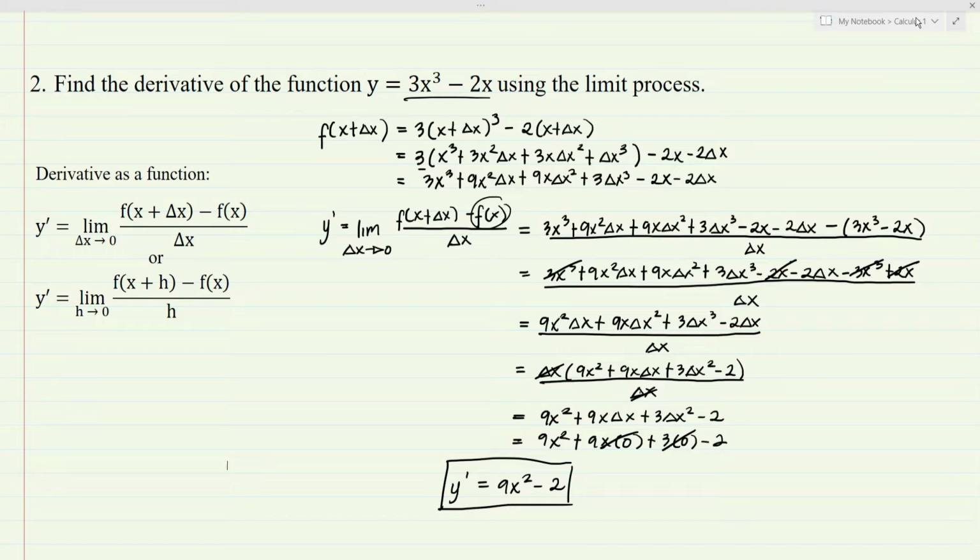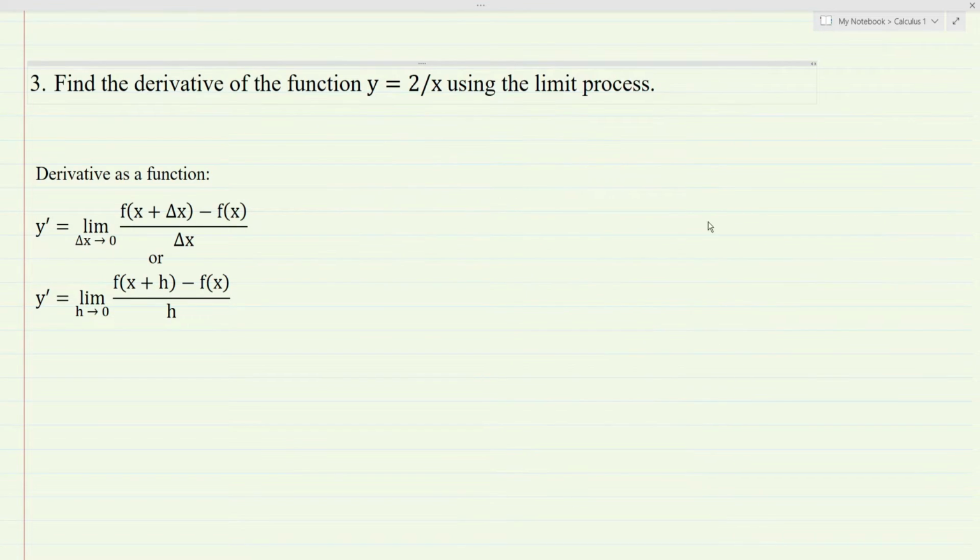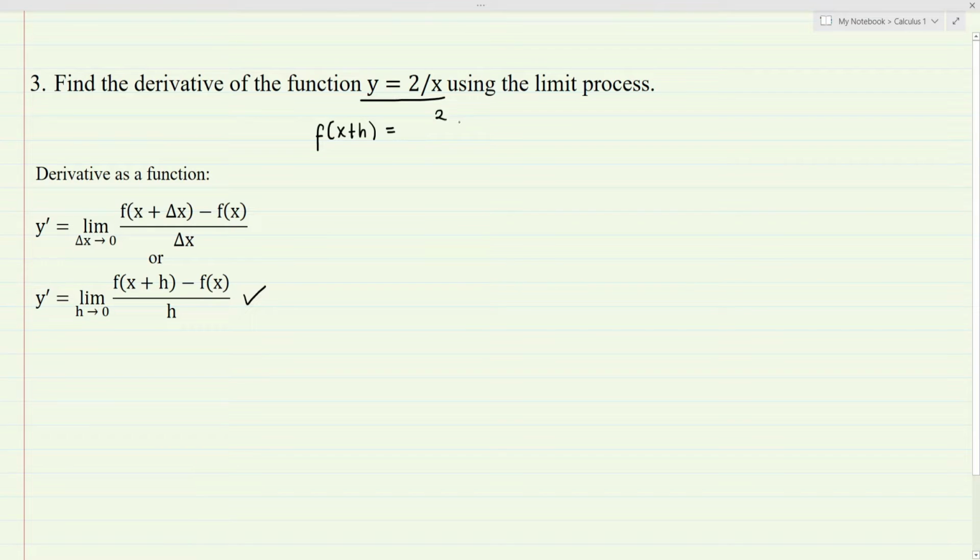Let's now solve problem number 3. We have here the function y equals 2 over x. And for this problem, I would use here the second equation wherein it uses h as a substitute for delta x. To start, let's solve for f of x plus h, and that would be 2 over x plus h.